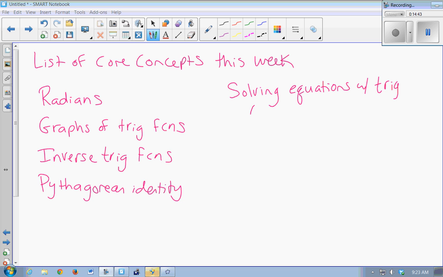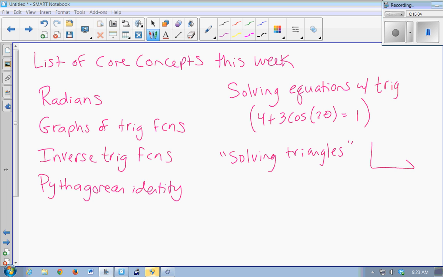For example, 4 plus 3 cosine 2 theta equals 1, something like that. Right? Solve that. Triangles. So we'll just call this solving triangles. I'll give you a triangle with several pieces of information, and I can ask for several other pieces of information.